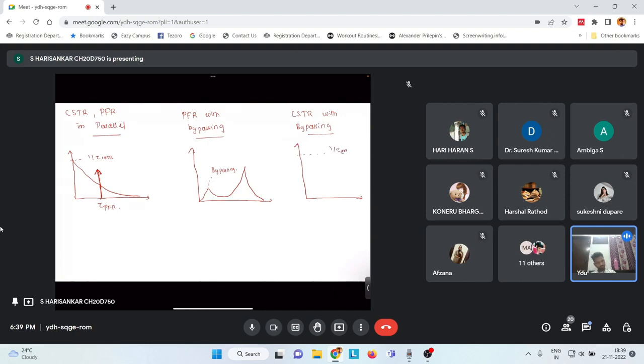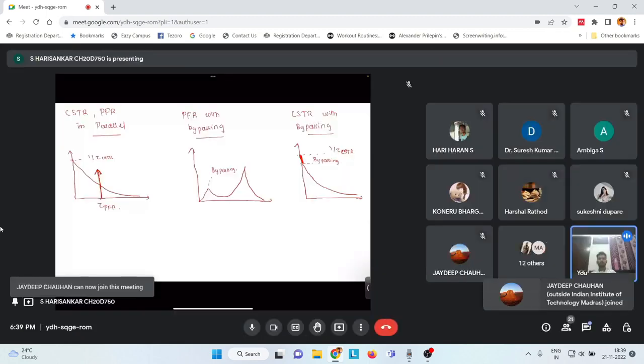The curve will stagnate at the initial point and then come down like this. And this portion is your bypassing volume or space time. So yeah, you can have a variety of residence time distributions for different situations and different reactors and so on.